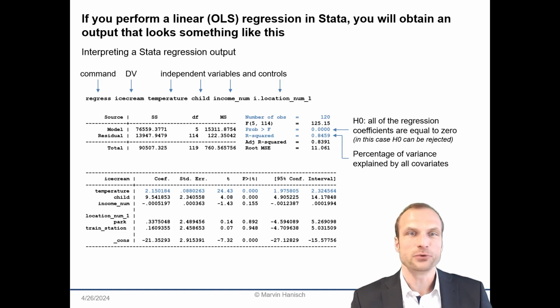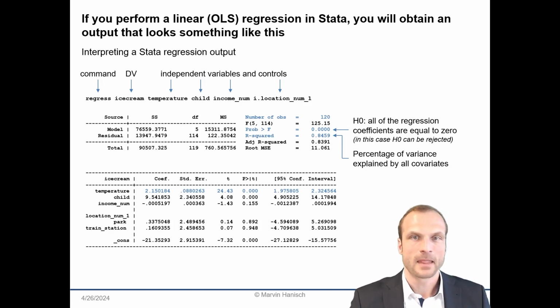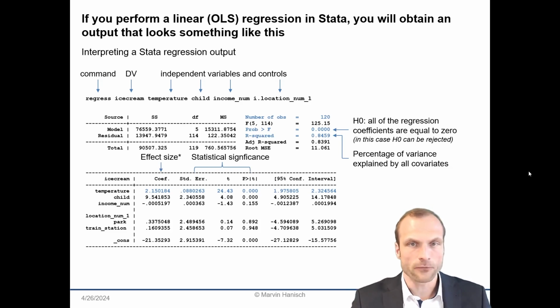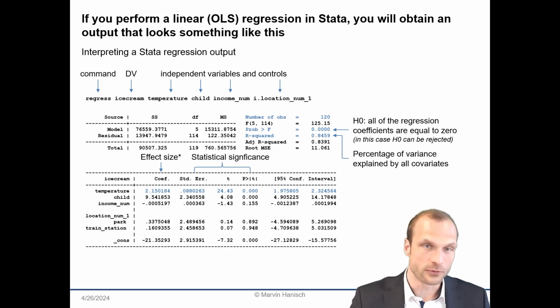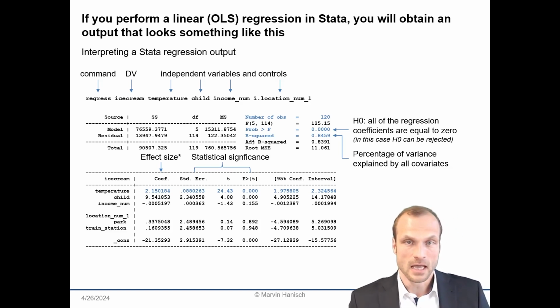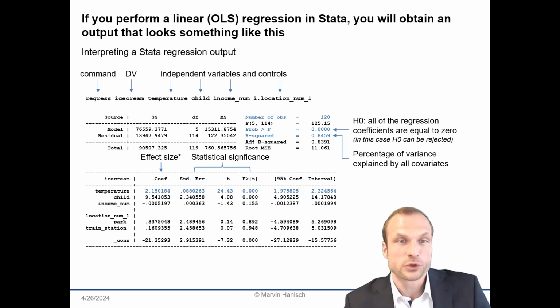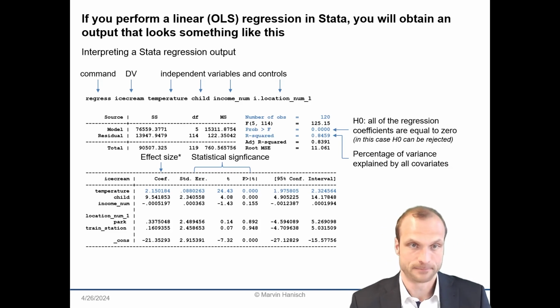Let's now move on to the lower half of the output. Here you see our estimations for our explanatory variables that we included in the model. Let's first look at the columns in this output. We have, first of all, our variable names, followed by our coefficients. The coefficients, if you remember from our introduction to multivariate statistics, are the effect sizes or the slopes of your regression lines.